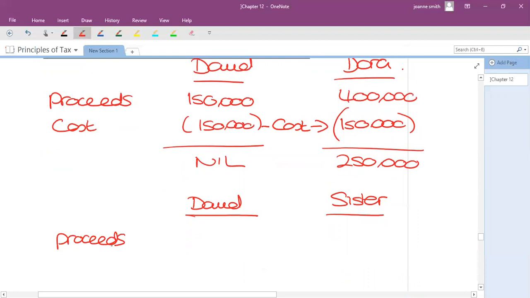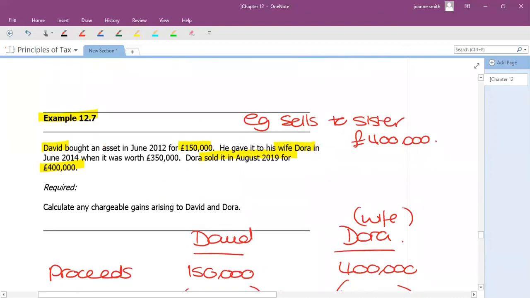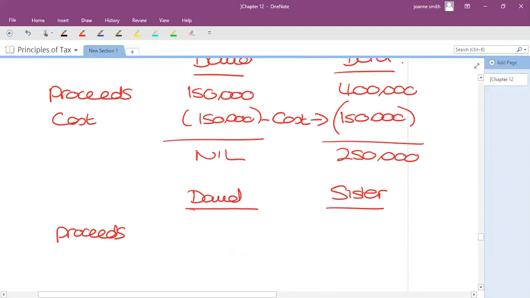If he gives it to his sister, he's got no proceeds, but his sister's now going to sell it on for 400,000. So rather than the wife selling it for 400, the sister is. So David gifts it to his sister. He hasn't got any proceeds, but he has got a cost.